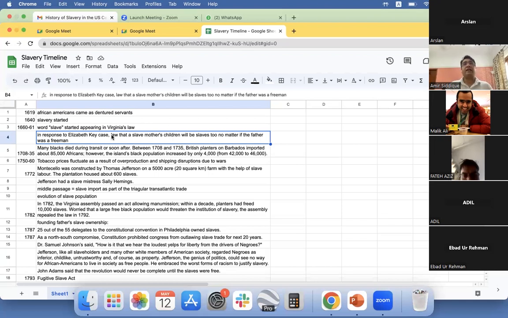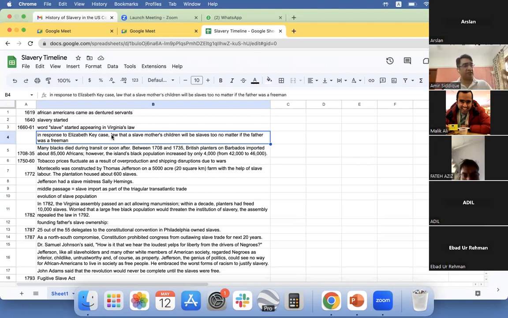Even if a white man had raped or had an illicit relationship with a slave woman, which was very rampant at that time and happening quite a lot, slave women went through sexual violence, rapes, and all kinds of relationships. What this law allowed was that all the children born out of these relationships continued to be slaves.